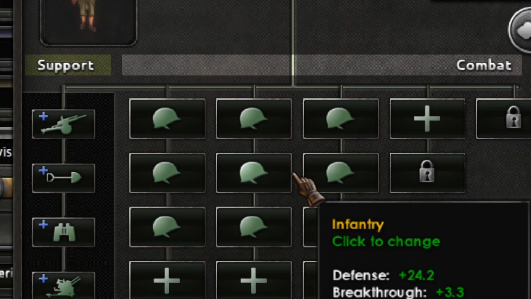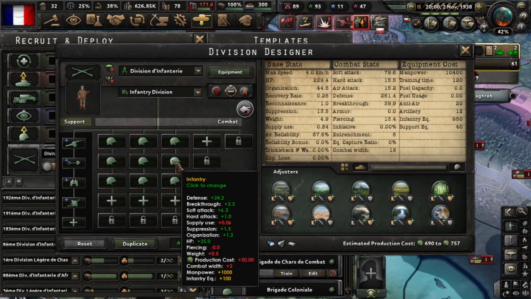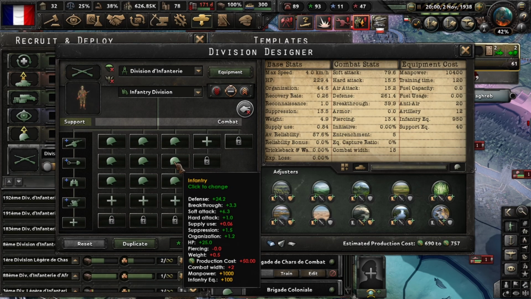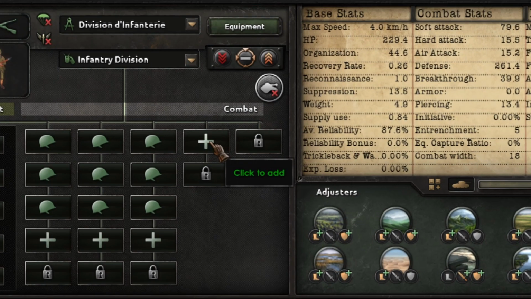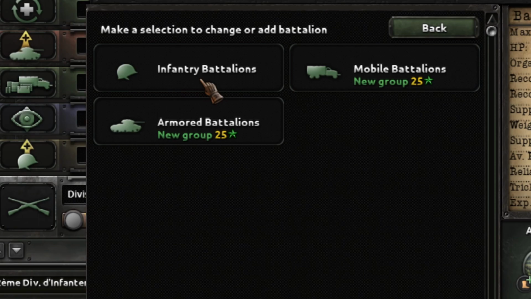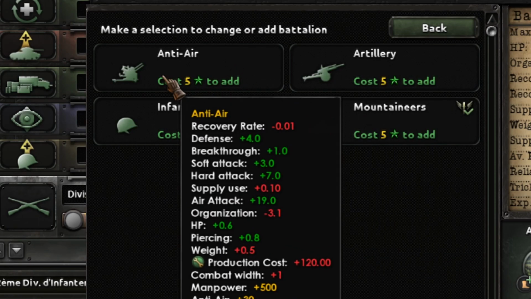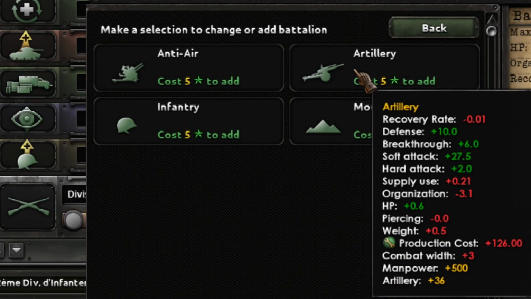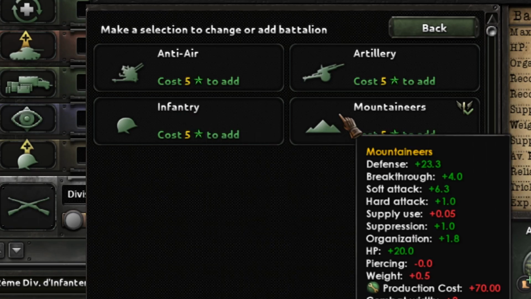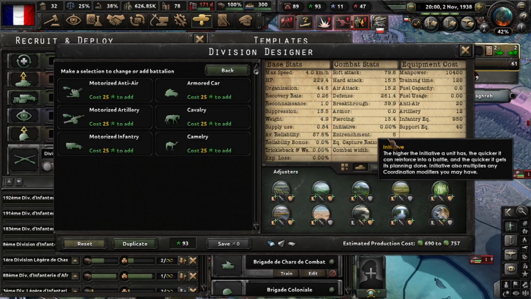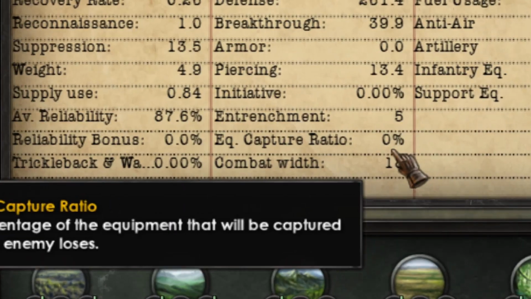Also, all the battalions have different combat widths. For example, infantry uses 2 combat width, soft artillery uses 3, and anti-air uses 1. This one uses 3, this one uses 2, this one uses 2. So you must check your combat width all the time.